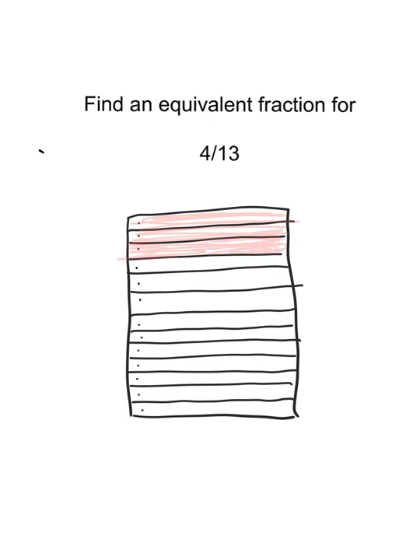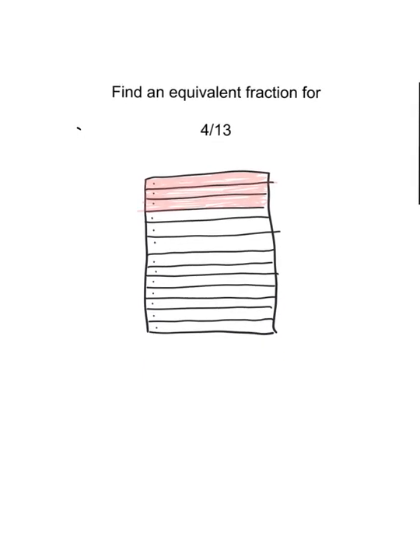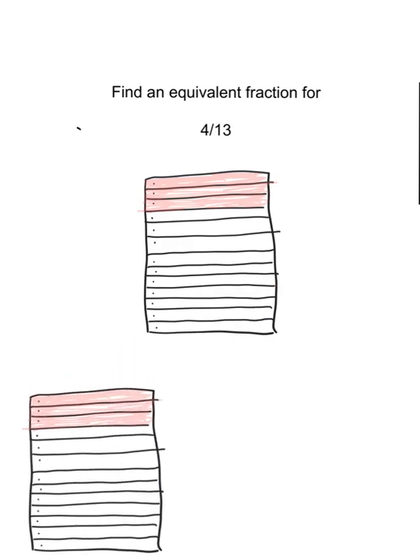Now for me, the easiest way to come up with an equivalent fraction is just to take, let me make another copy of this just in case I want to do more than one. Put this down here. Okay.